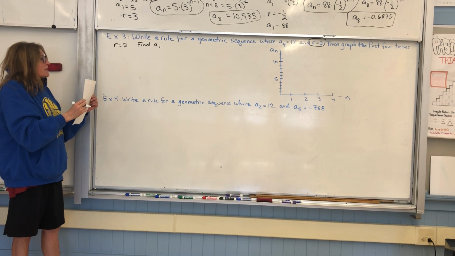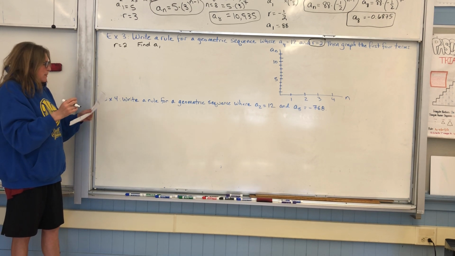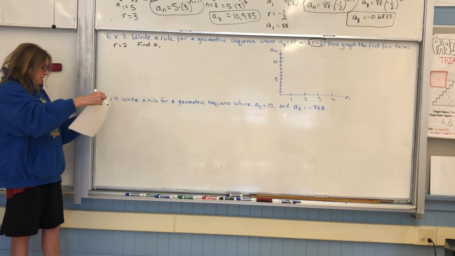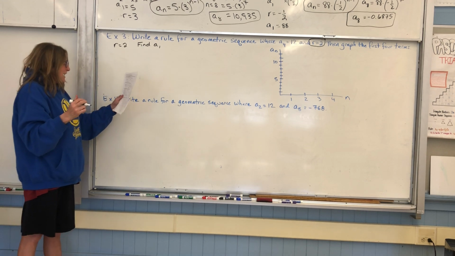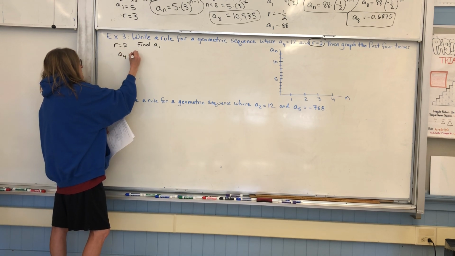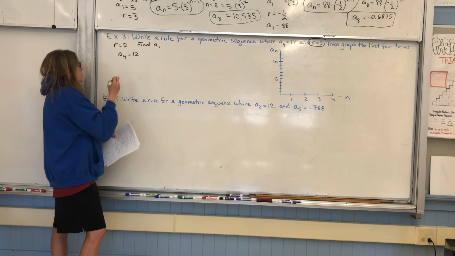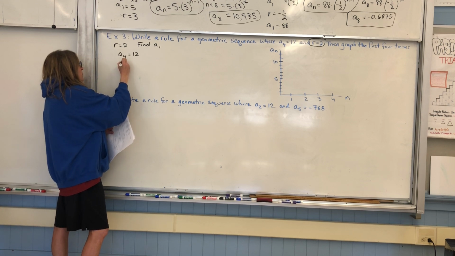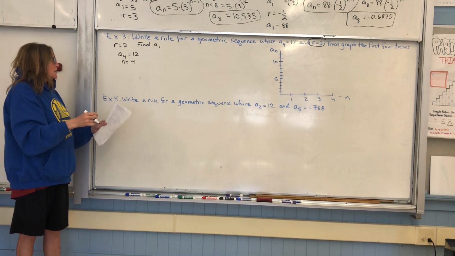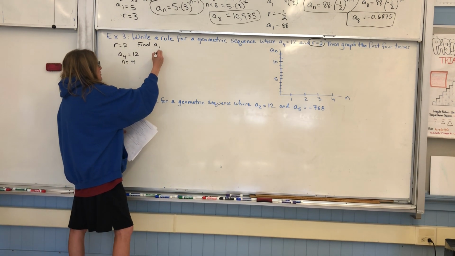So let's see here. We know that A4 equals 12, right guys? And we also know that n equals 4, so let's set up a little equation here.